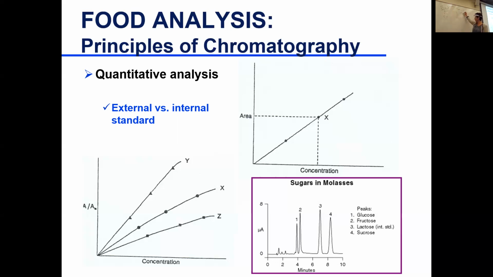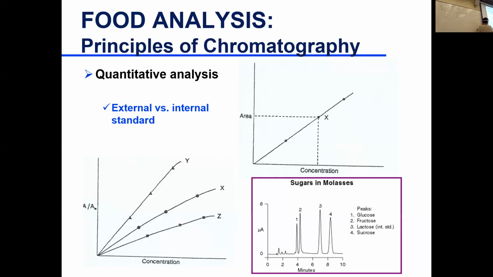One specific concentration I select for my internal standard, but I add it to all my concentrations of my standards and to my sample. All right, then I can plot here the concentration of the external standard. And here I plot the area under the curve of my standard to the area under the curve of my internal standard. So I'm correcting for the internal standard.